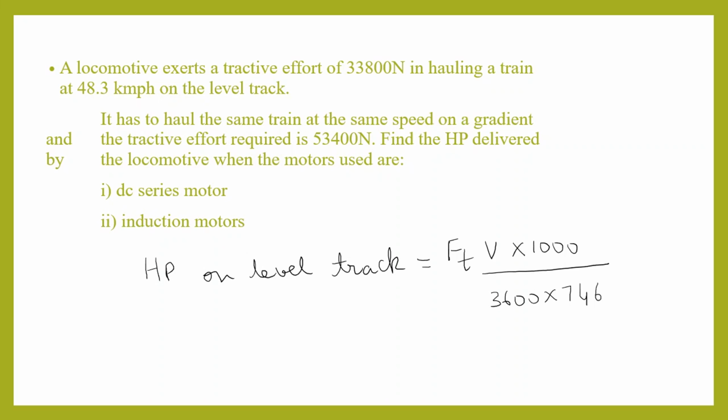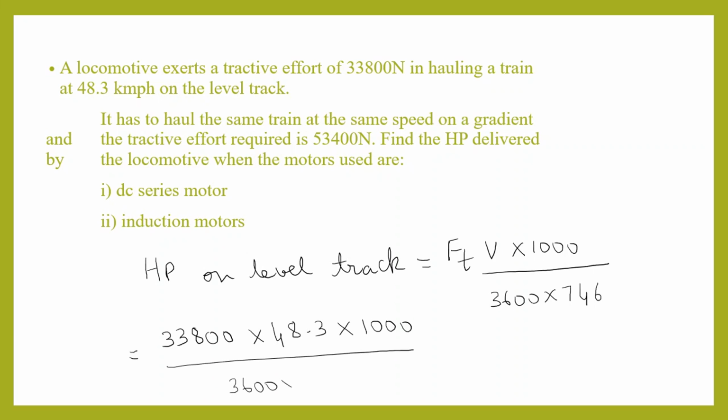So substituting the values, we get 33,800 into 48.3 into 1000 by 3600 into 746. We get it around 608.